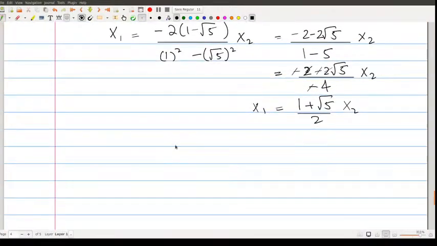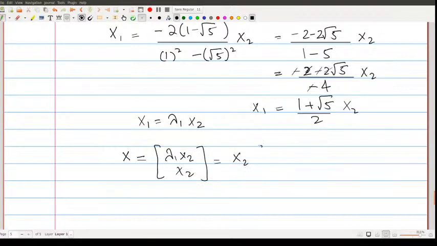So what we've gotten is that x1 is equal to lambda 1 times x2. So the correct eigenvector is (lambda 1 x2, x2), and we take x2 common, I get (lambda 1, 1), right? So that's really nice. This is the eigenvector.